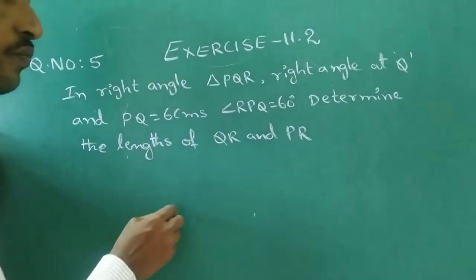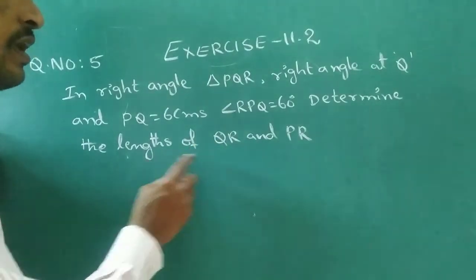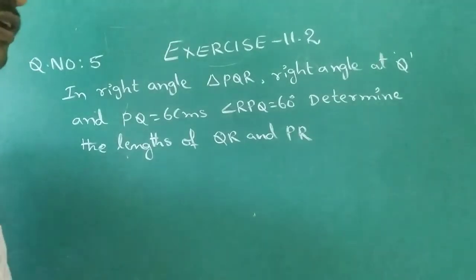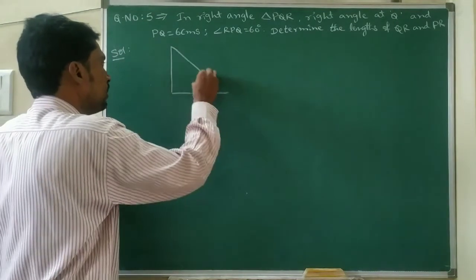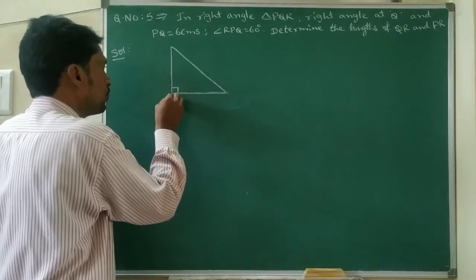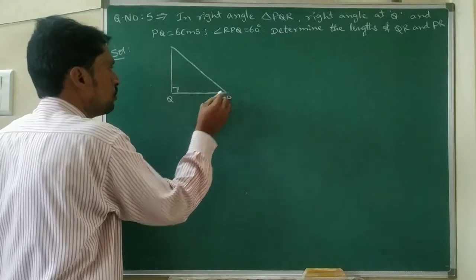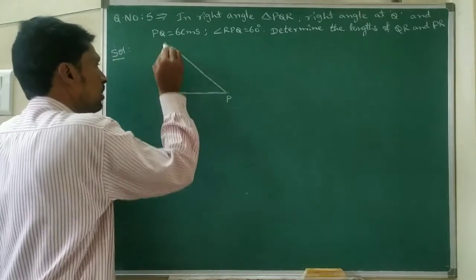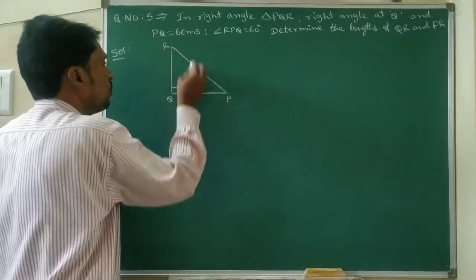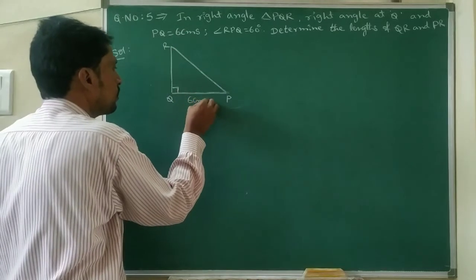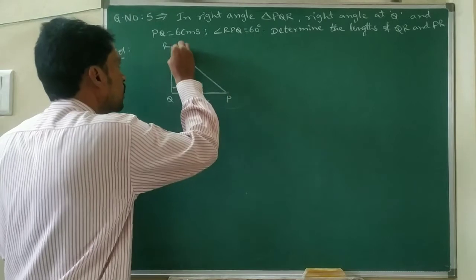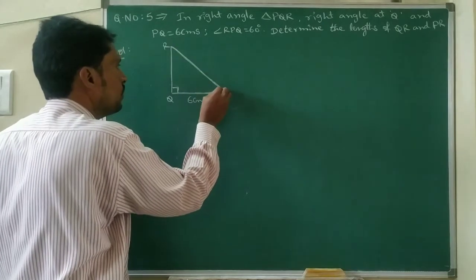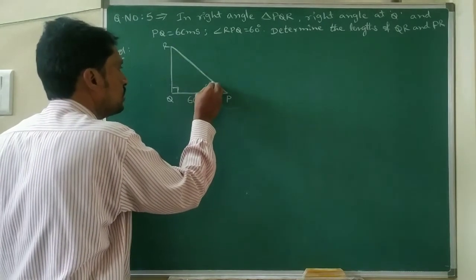So the length of QR we need to find, length of PR also we need to find. Now I am constructing one right triangle. This is the right angle triangle, right angle at Q. So I am taking this vertex P, this is R. Here PQ value is given as 6 centimeters and angle RPQ means it is making the angle of 60 degrees.